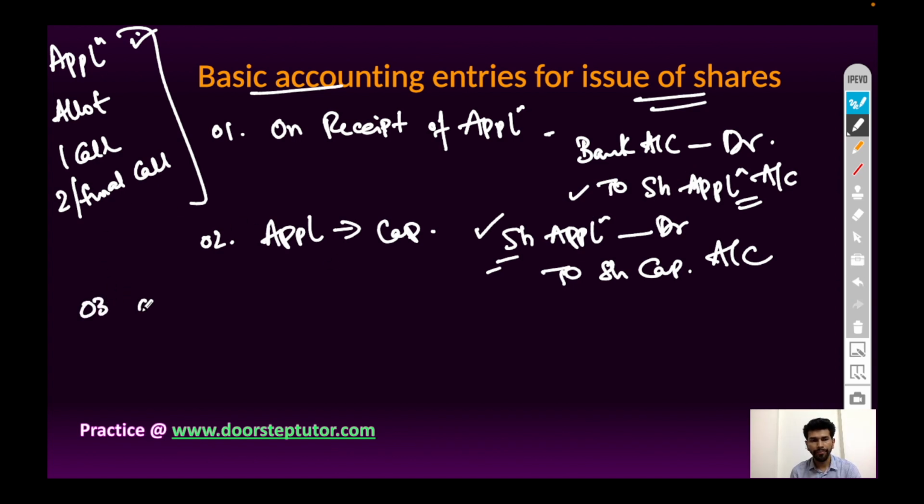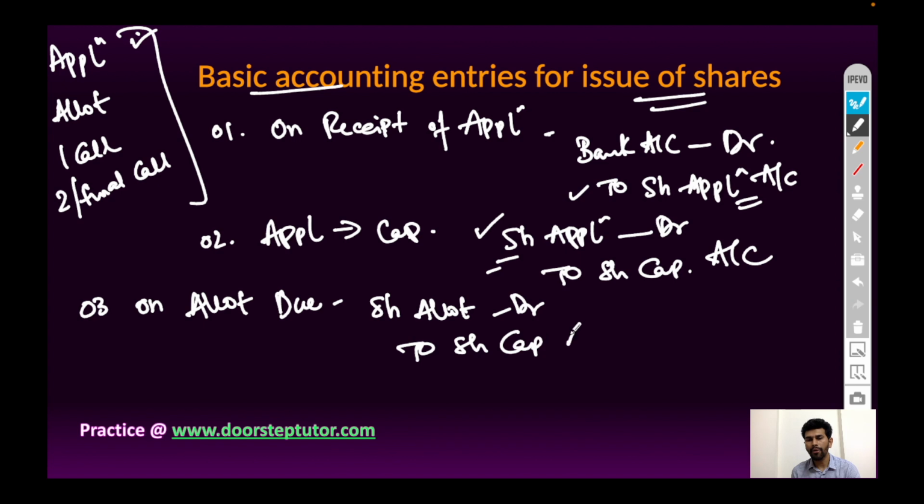Third entry, on allotment due, the entry will be share allotment account debit to share capital account, similar to the previous entry.